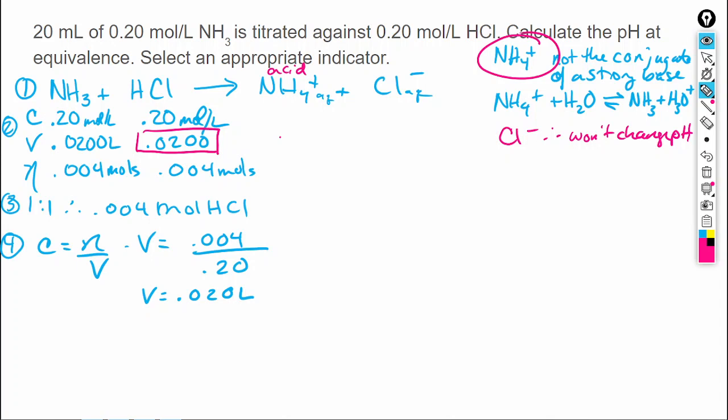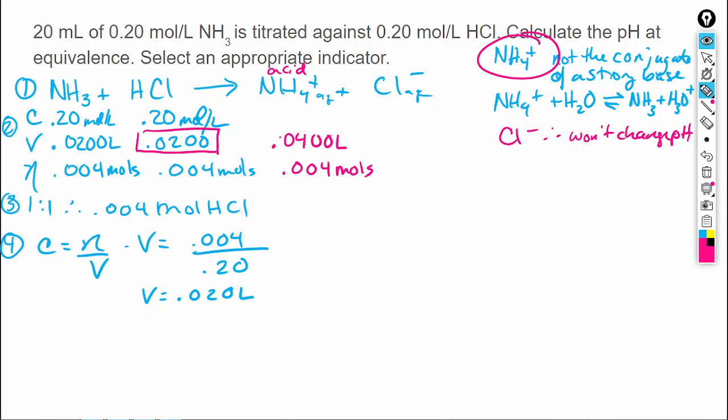Eventually, I'll do that. But hold on a sec. What's my total volume now that I've mixed together 20 milliliters of NH3 and 20 milliliters of HCl? 40 milliliters. So my new volume is 0.0400. How many moles of the NH4 plus did I produce? What's the mole ratio? 1 to 1. So that means I also have 0.004 moles of that.